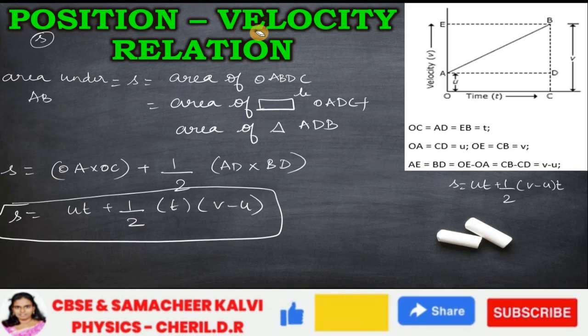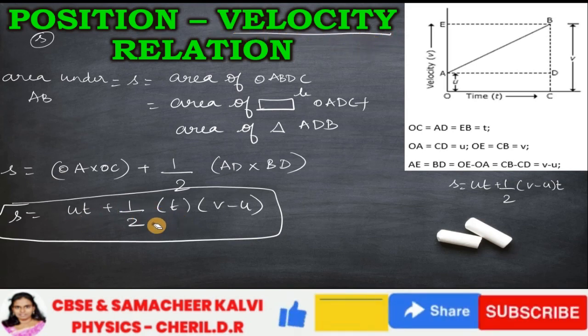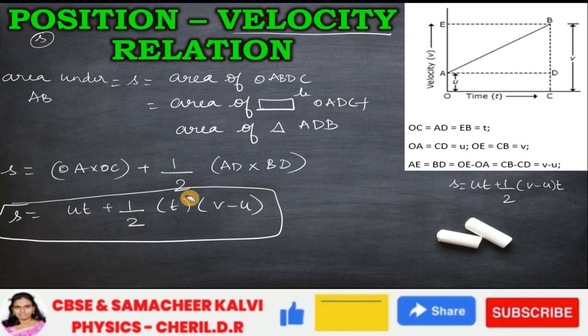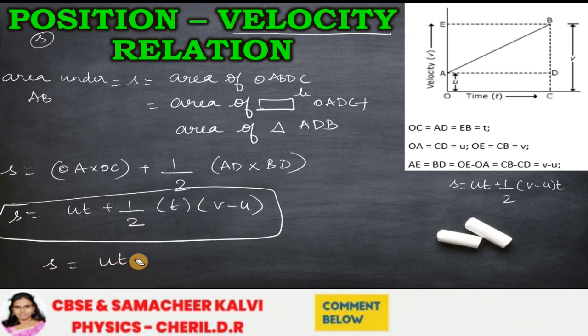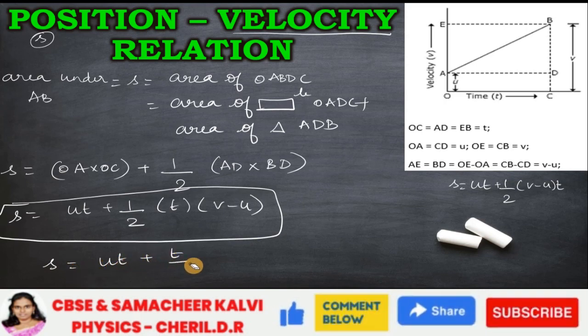Look at the name, position velocity relation, but we have time everywhere. So what we are going to do is expand it and try eliminating this t. I have half and t together, so I have to multiply this by v minus u. Can I write this equation as s is equal to ut plus t by 2 into v minus u?